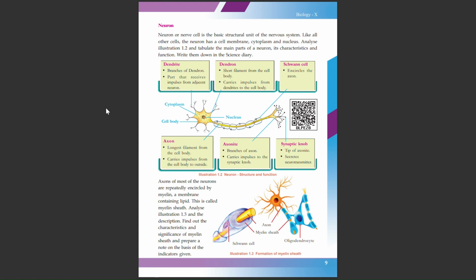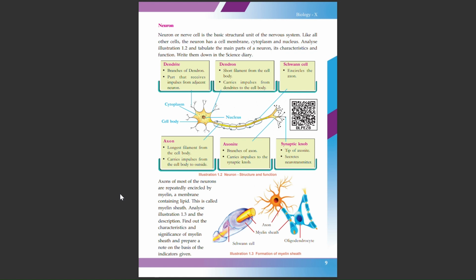Second is the part that receives impulses from the adjacent neuron. Then dendron. Dendron is a short filament from the cell body, and it carries impulses from the dendrites to the cell body. Then axon. Axon is the longest filament from the cell body, carries impulses from the cell body to outside.